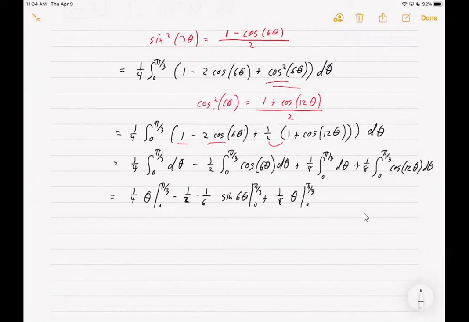If we had expanded, we probably could have condensed these two integrals down. Plus 1/8, and now we have a cosine of 12 theta, so that will be times 1/12 sine of 12 theta using a quick chain.